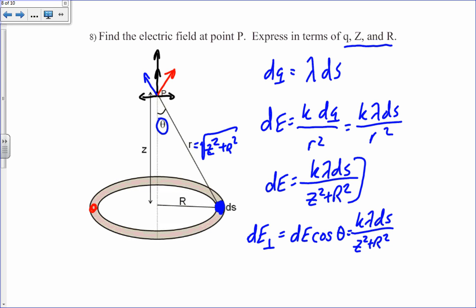And now I have this new term, cosine theta. Cosine theta, remember, is adjacent over hypotenuse. This is my adjacent side. This is my hypotenuse. So it's going to be z over z squared plus R squared to the 1/2.